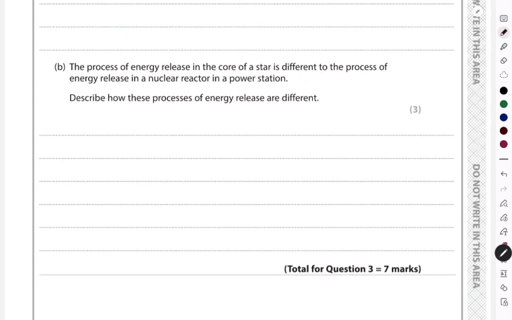Let's move on. The process of energy release in the core of a star is different to the process of energy release in a nuclear reactor in a power station. Describe how these processes of energy release are different. Okay. Stars use fusion, but reactors use fission.